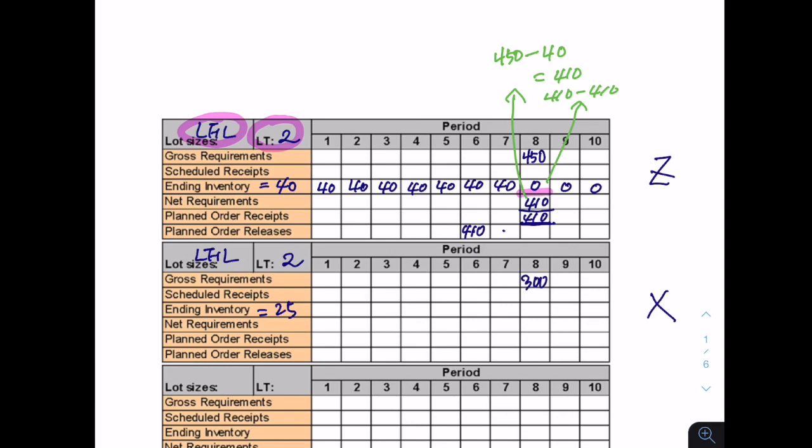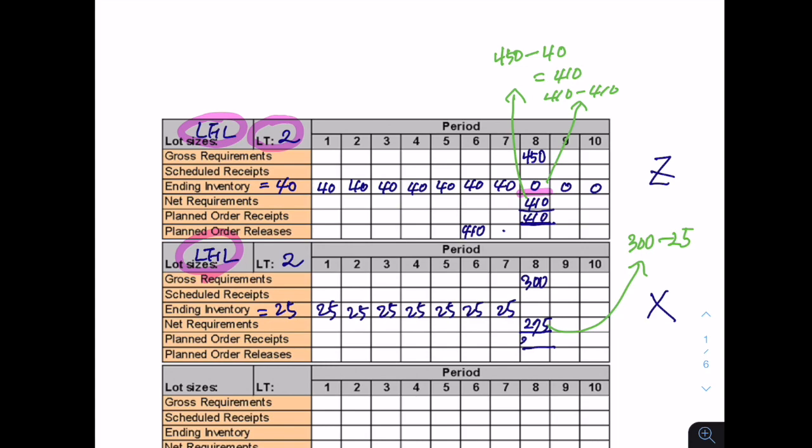Similar to Z, let's fill in this matrix. 25, we will keep this level. And on week 8, first we have to consider net requirement. Net requirement is gross requirement minus on-hand inventory. Here I need 300, but we already have 25. Therefore, the net requirement is reduced to 275. Can we receive the same amount, 275? Yes, because it is lot for lot.